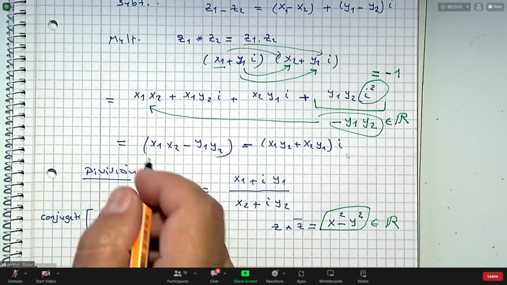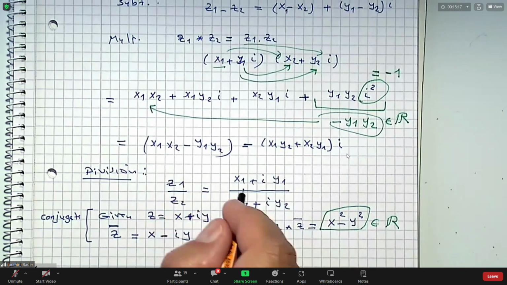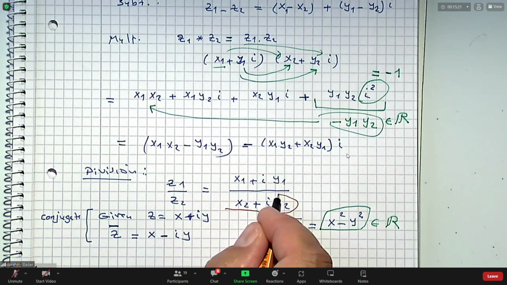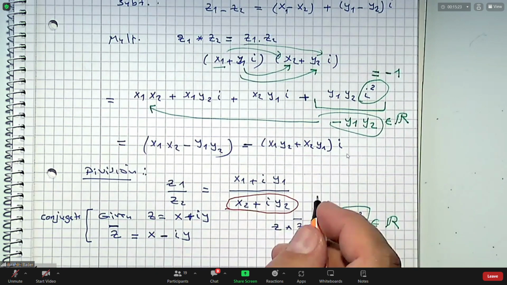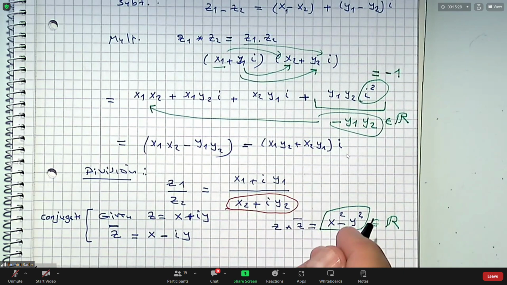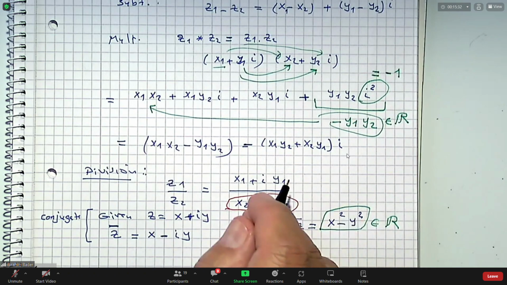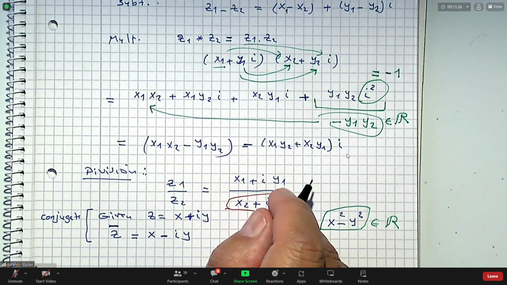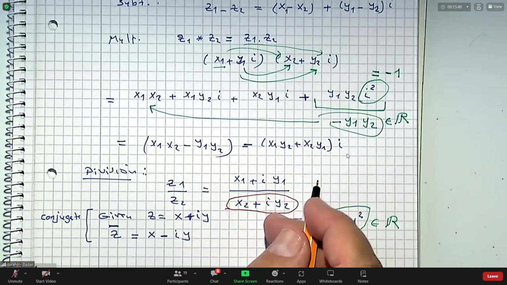So if we go back to dividing these two numbers, now look at the number in the denominator. If I multiply this with x2 minus iy2, then I will be getting a real number. So I will get rid of the imaginary part in the denominator, which causes a problem in real or complex calculations.